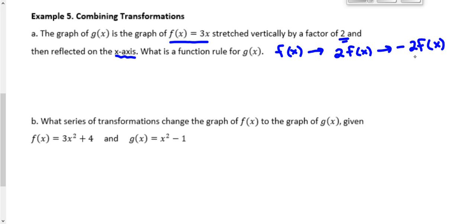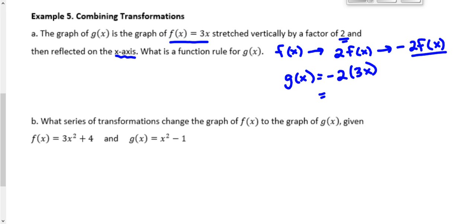Okay, this is our end goal. That's what we're trying to do. So to write a function rule for g of x, we have to take f of x, which is that 3x, and do each of these things to it. So I'm going to say g of x is equal to, this is my end game, so I'm going to say negative 2. My value of f of x is actually 3x, so I'm just going to substitute f of x with 3x right there.